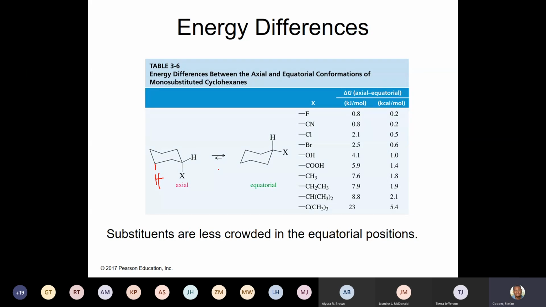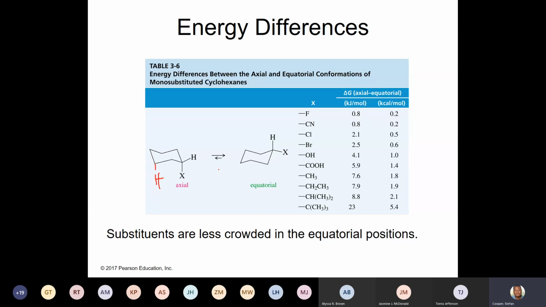Again, what we're trying to build an understanding of right now, just at the fundamental level, is that there's 2 potential chairs that I always have to investigate. So when I ask for the lowest possible conformation, you want to make sure that you're choosing the correct chair because there's 2 of them. The best chair out of the 2 will have the largest substituents in equatorial positions, if possible.